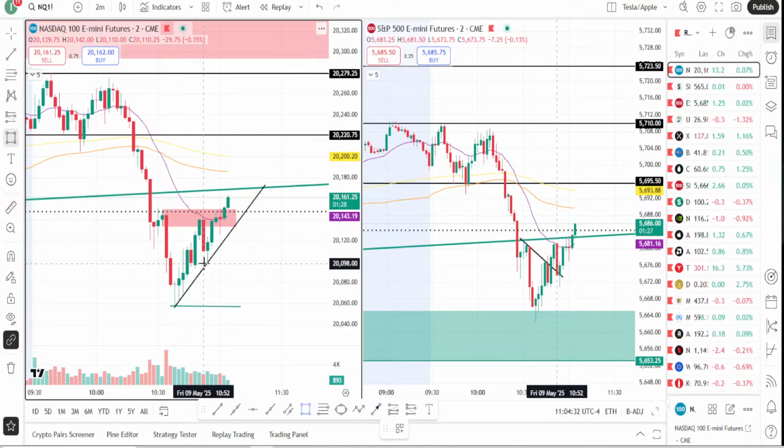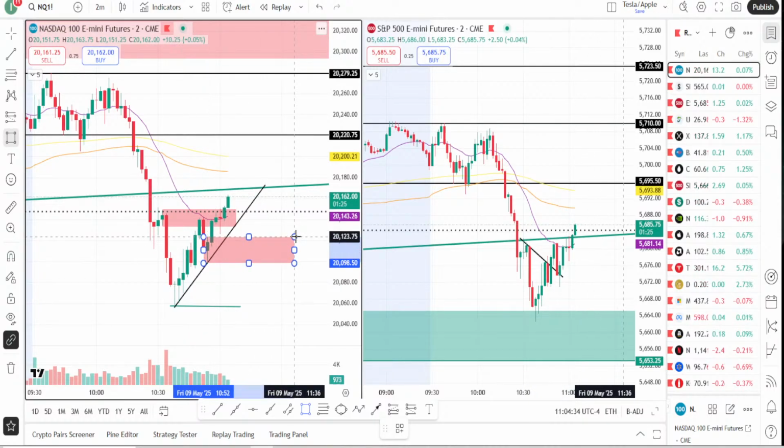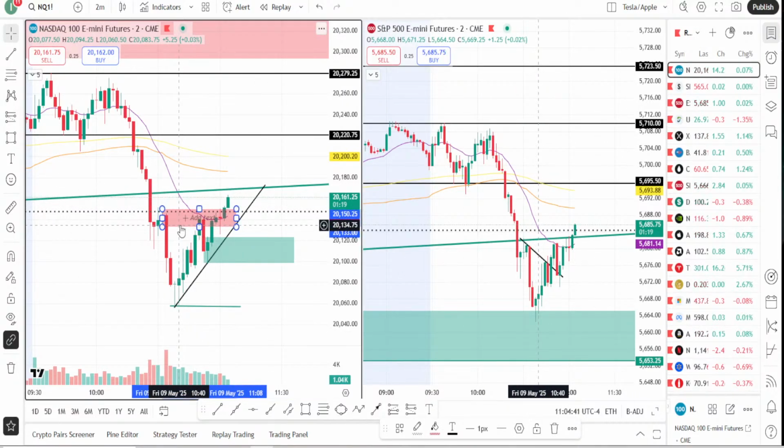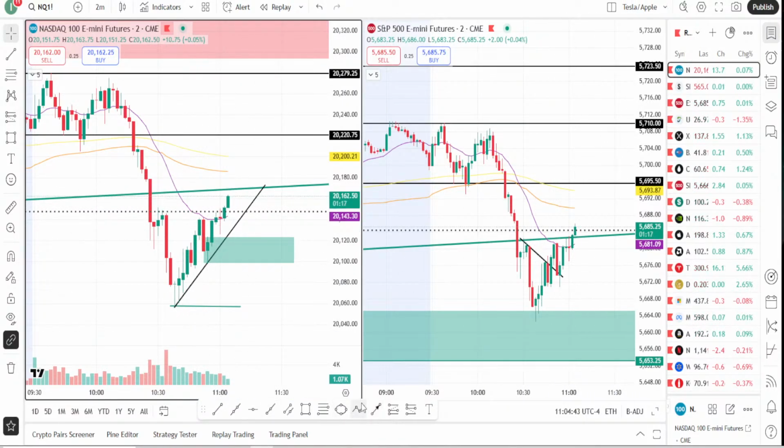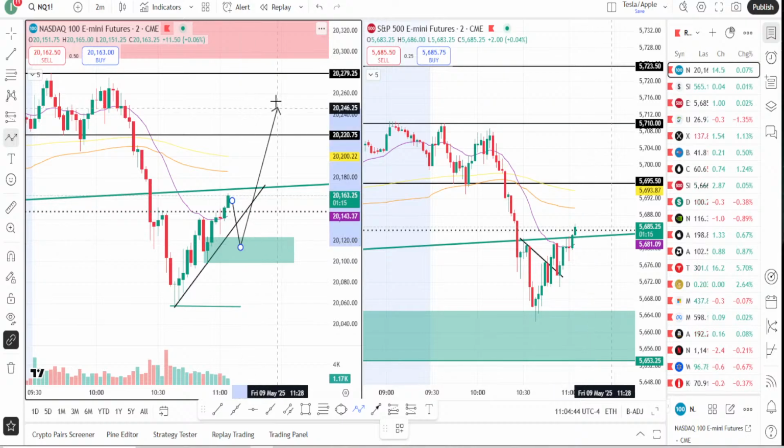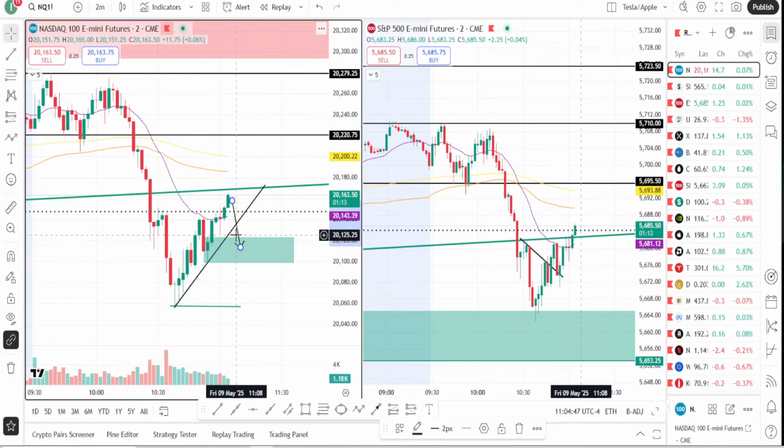What could happen is if we come down now, we could find support down here. Now that we surpassed this supply zone, we could tap into here and go higher.